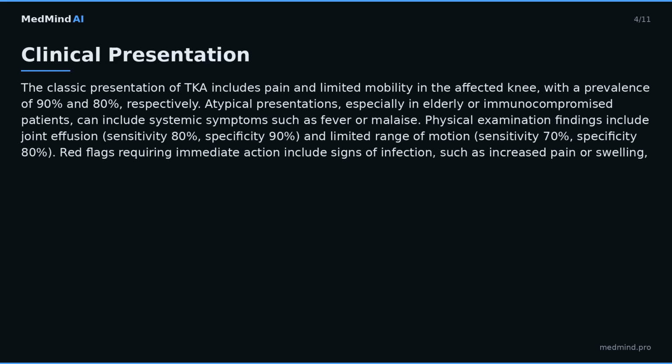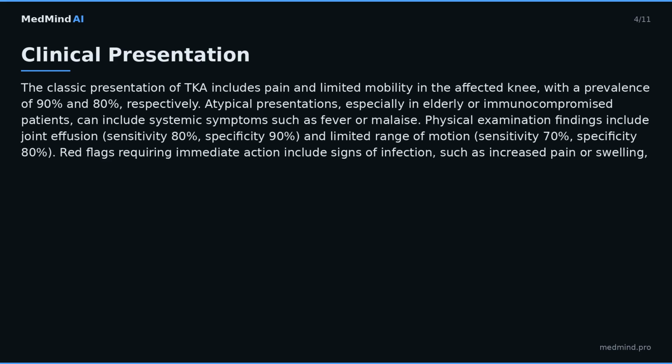Clinical presentation. The classic presentation of TKA includes pain and limited mobility in the affected knee, with a prevalence of 90% and 80%, respectively. Atypical presentations, especially in elderly or immunocompromised patients, can include systemic symptoms such as fever or malaise.